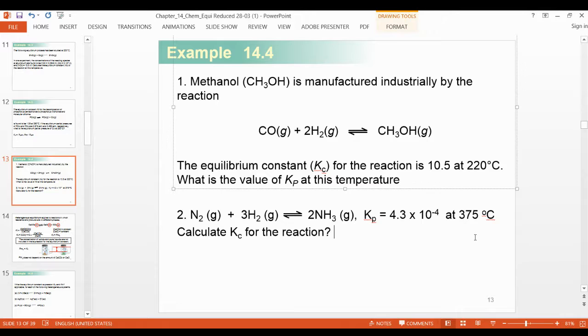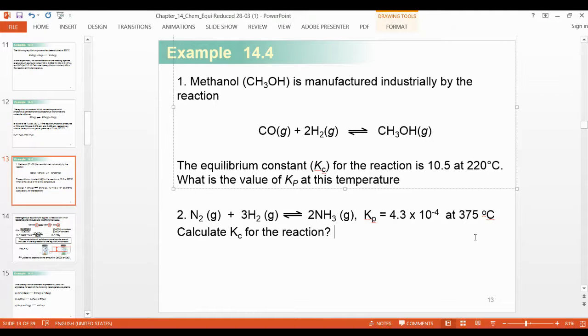Kp is equal to, not Kc. Because Kp cannot be equal to Kc, because RT is over there. Why is RT over there? Because it is gas. And you know that the R value for the gas is 0.0821 and the temperature is in Kelvin. So RT multiplied by Kc is equal to Kp.